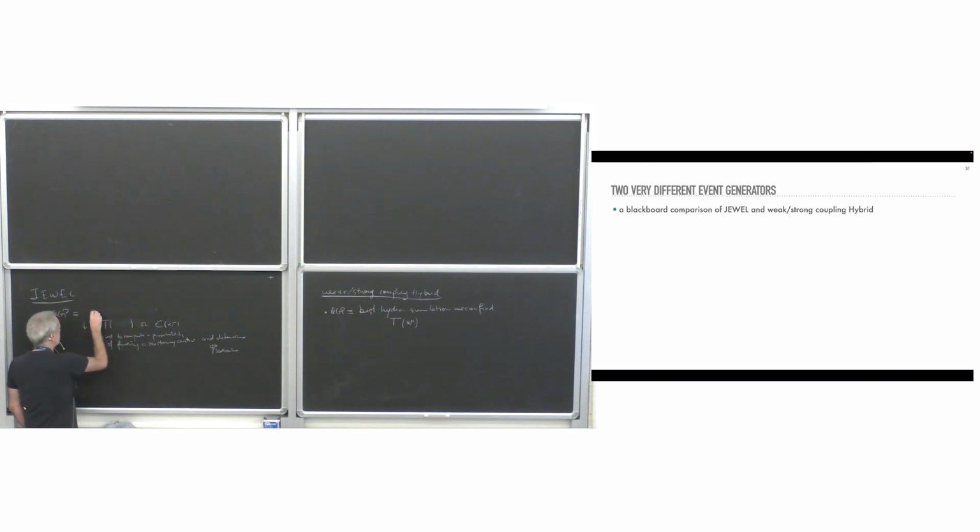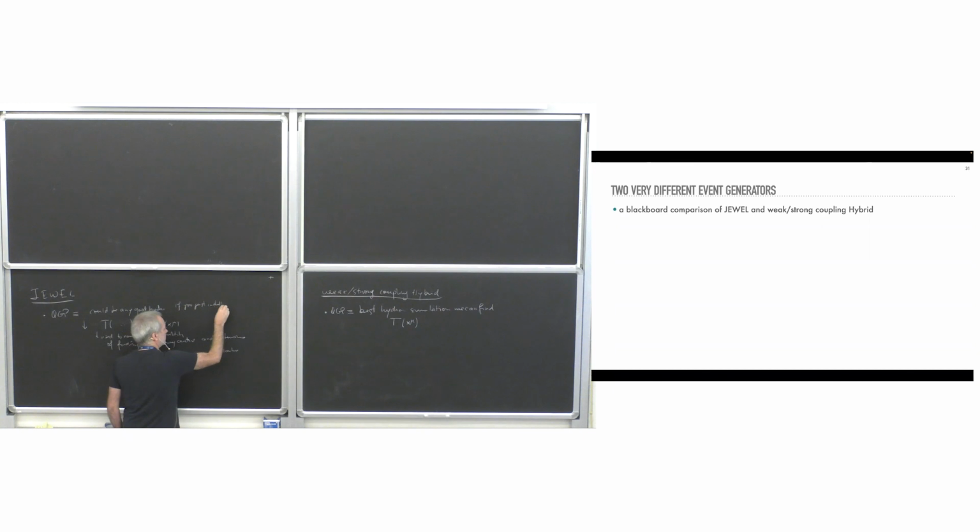So it could be any good hydro. Okay, there's no limitation to use that. But if you just install Joule and run, what your hydrodynamics is, is 1+1 Bjorken.